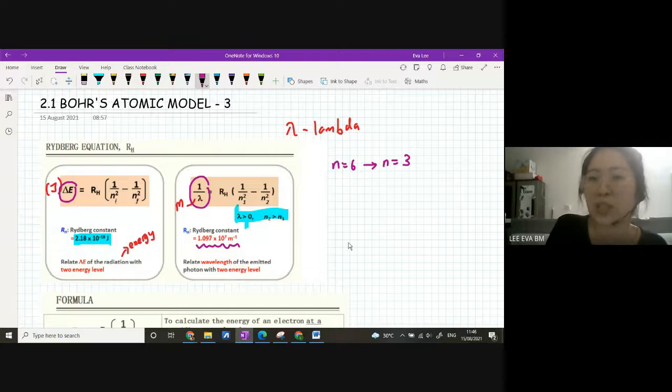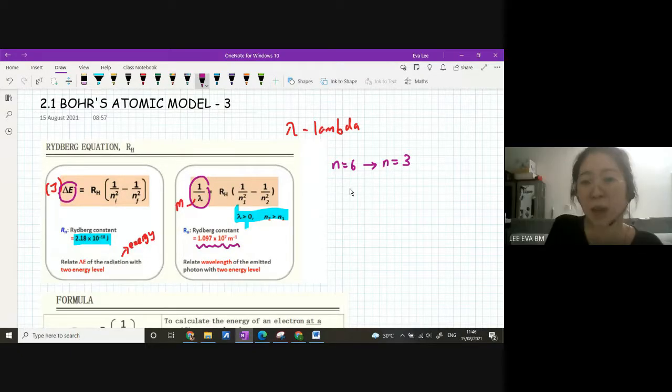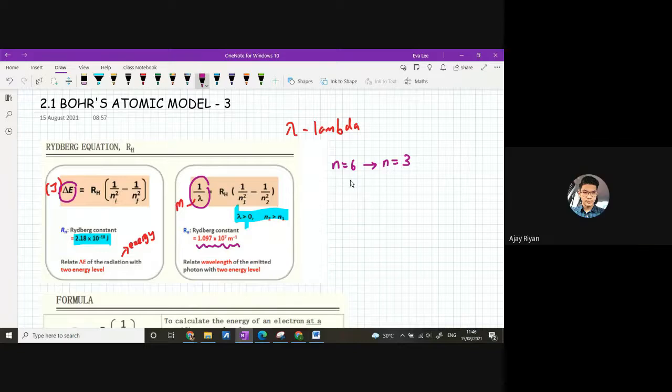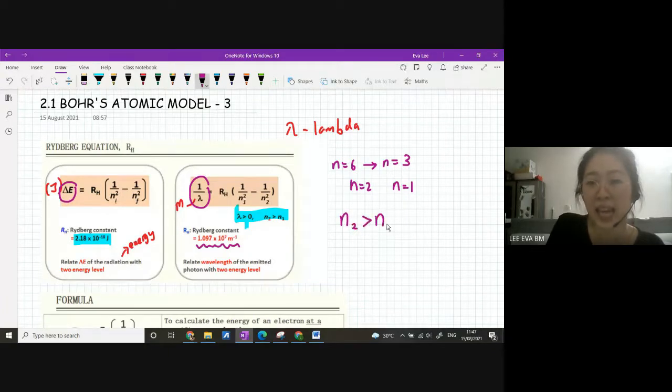So which one is your N1? Which one is your N2? 3 or 6? N1 should be 3. N2 should be 6 because we're using N2 greater than N1.